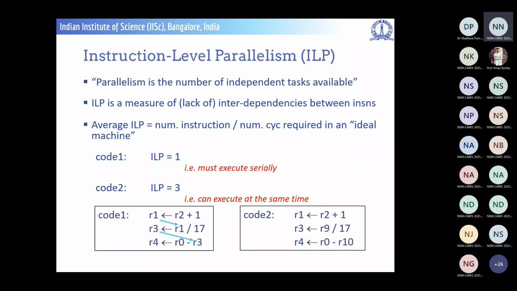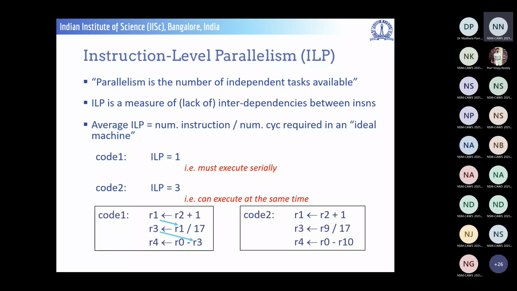It should give the illusion that it is getting executed sequentially. However, in that stream of instructions there could be parallelism available, because there can be instructions that are back to back in the stream but could be executed in parallel because they are independent of each other. That's where instruction level parallelism comes in.